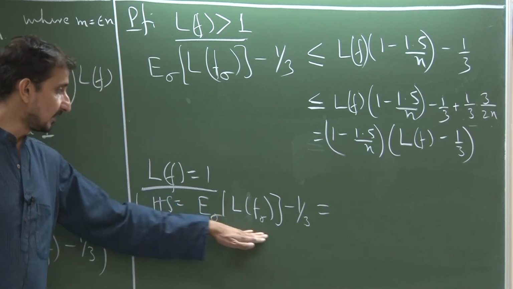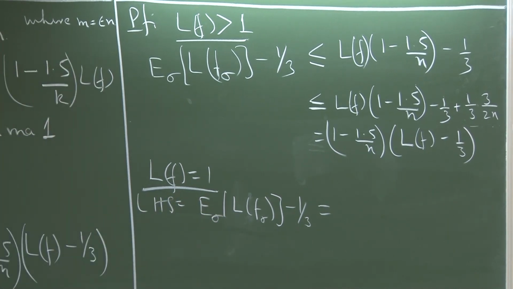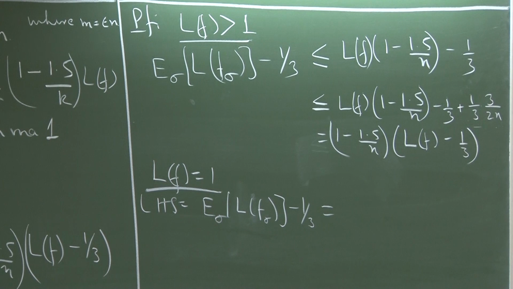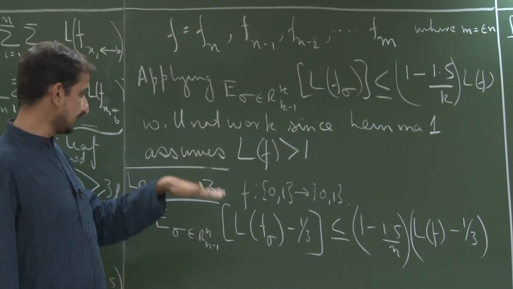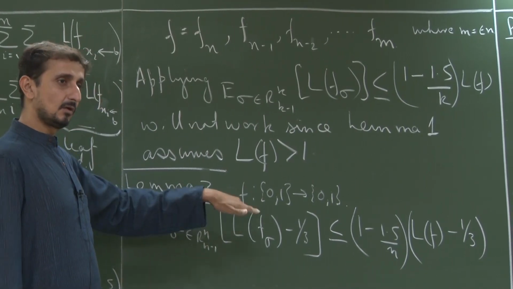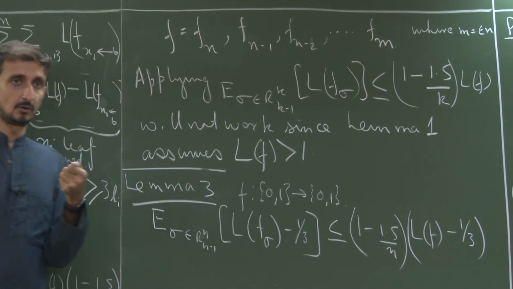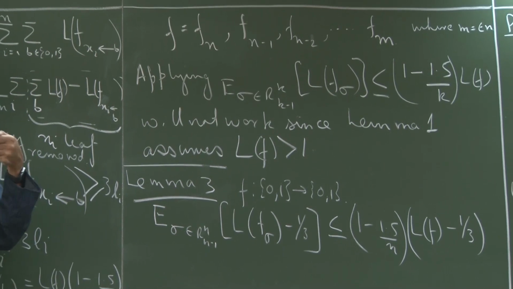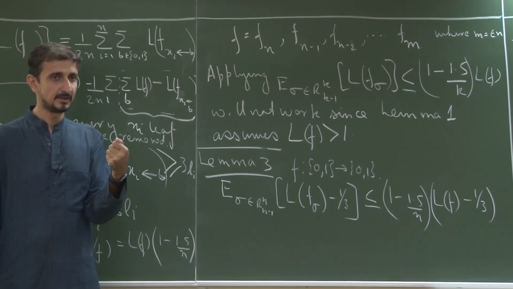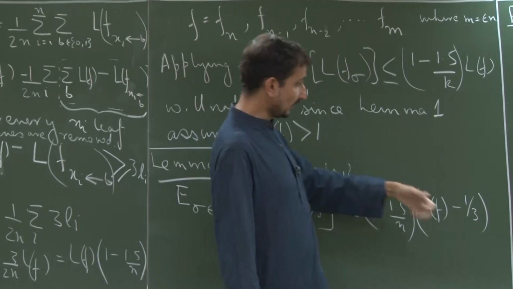What does this evaluate to? Just think for a moment. What are we saying here? That L of f is 1, which means that I have a formula which has only one leaf, and that leaf is labeled by some variable. It can be any one of the variables. So, what does this mean?